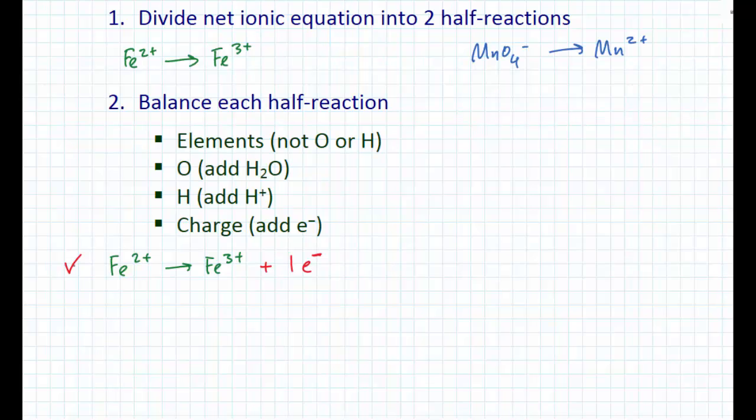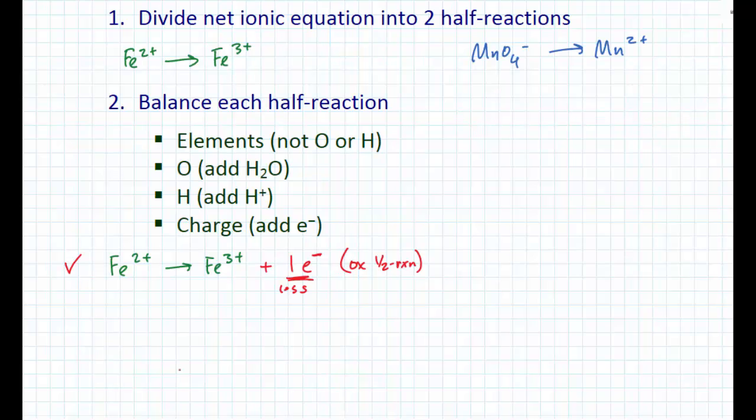So loss of electron means this is the what? This is the oxidation. If you break it up into balanced half reactions, you'll be able to instantly see if it's an oxidation or reduction based on where the electrons are. Okay? So that was not so bad.